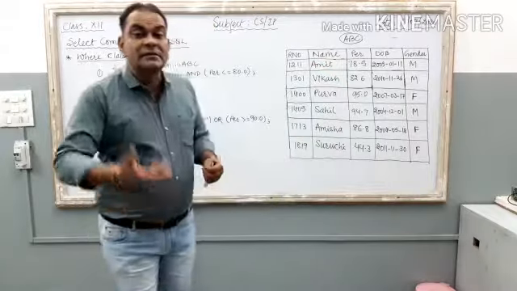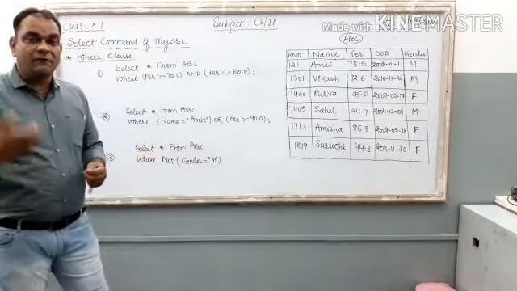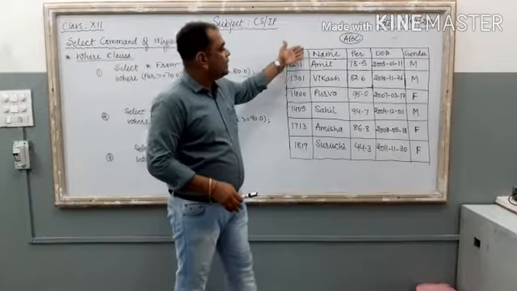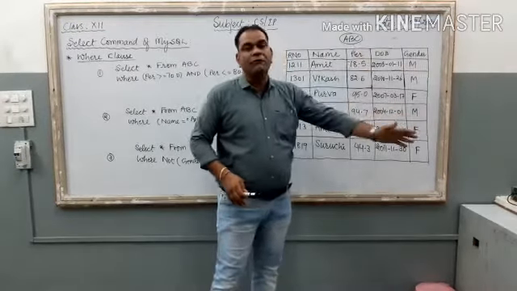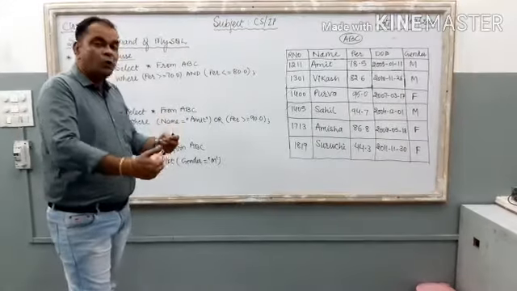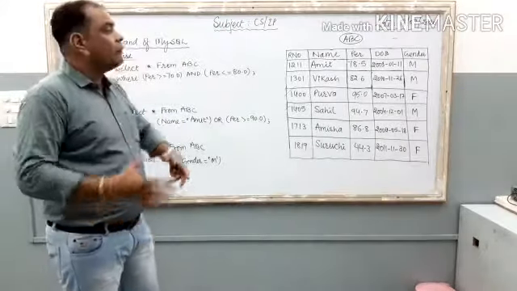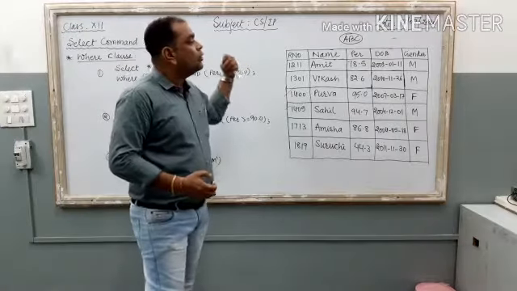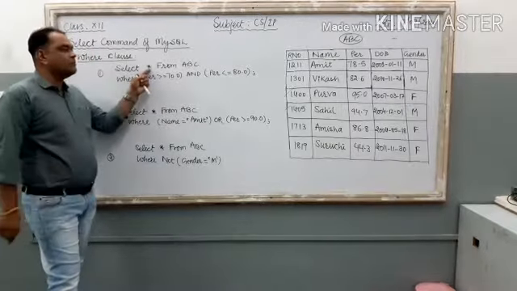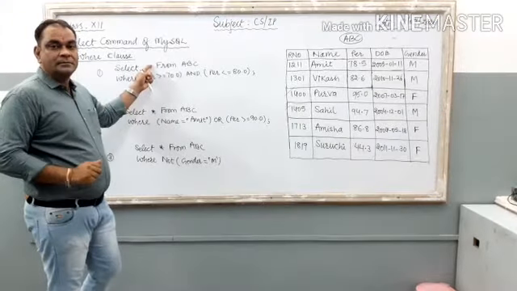The second thing is column or field filtering. What does field filtering mean? Right now in this ABC table, 5 different fields are there, right? If we want to show all the fields of the table, we just use the star symbol, the asterisk symbol, with the select command. Done?